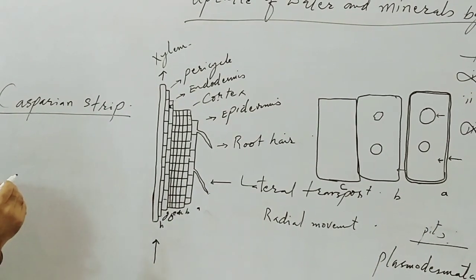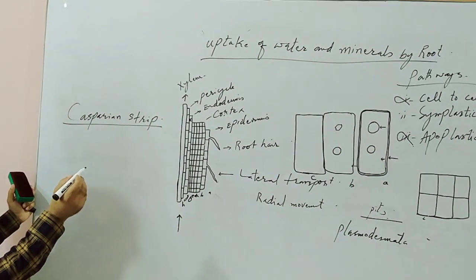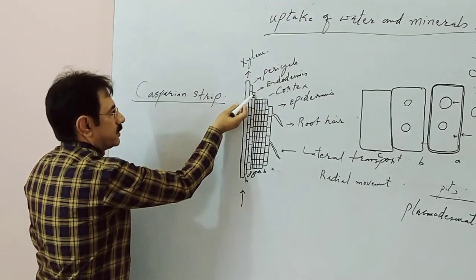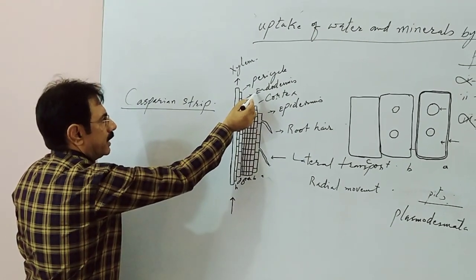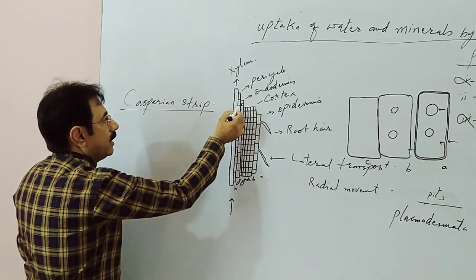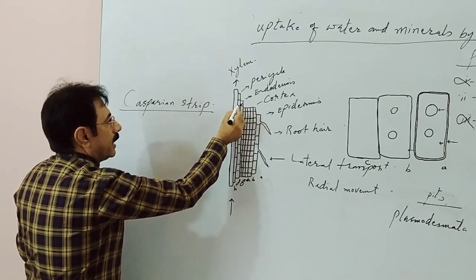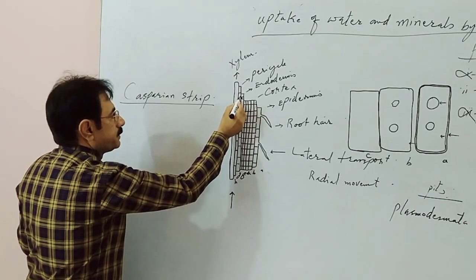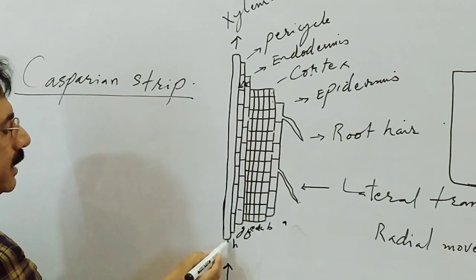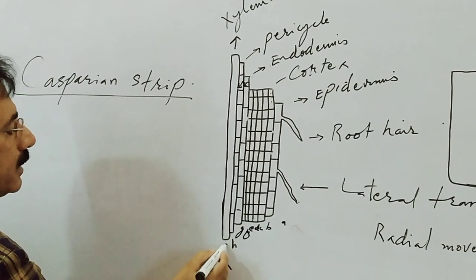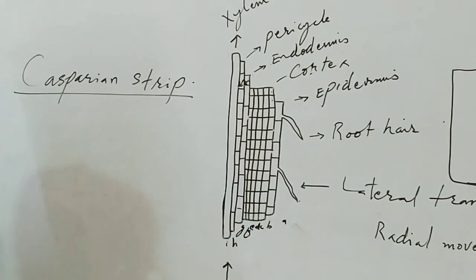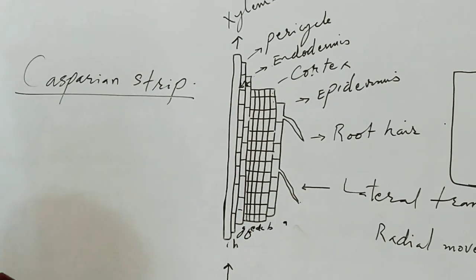The endodermal cells actively take up water and minerals. After the endodermal cells there is a layer, the pericycle. From the pericycle, the water molecules move to the first xylem cell, cell I, and the lateral transport ends here.